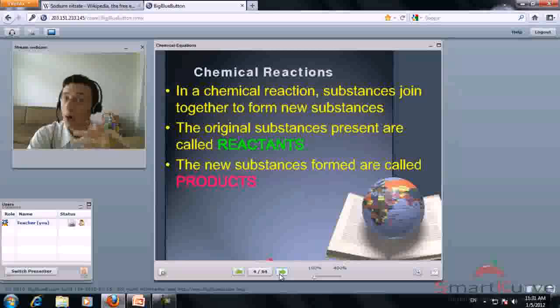These would be our reactants, and the cake would be our product. The same principle applies to a chemical reaction. The things that go in are the reactants. The things that come out are the products.